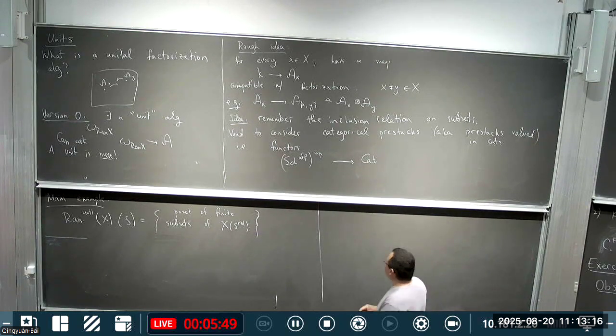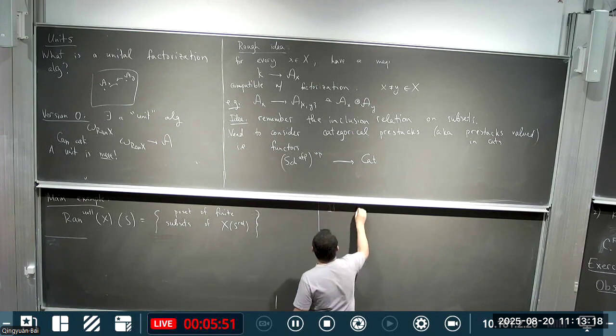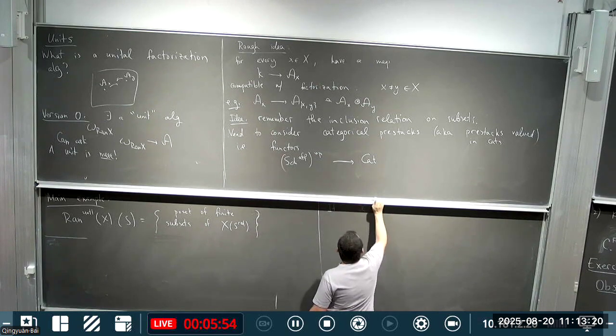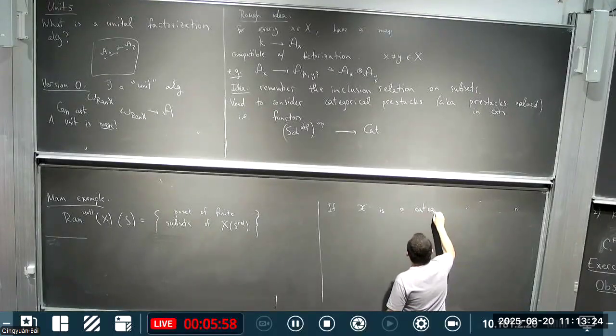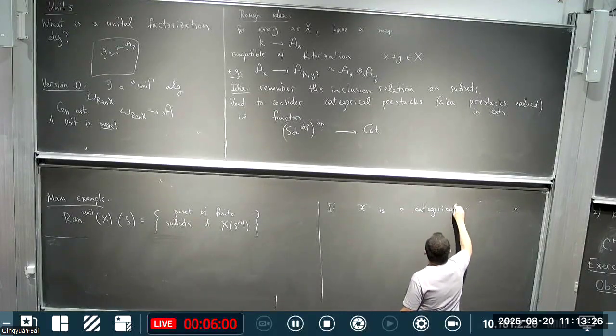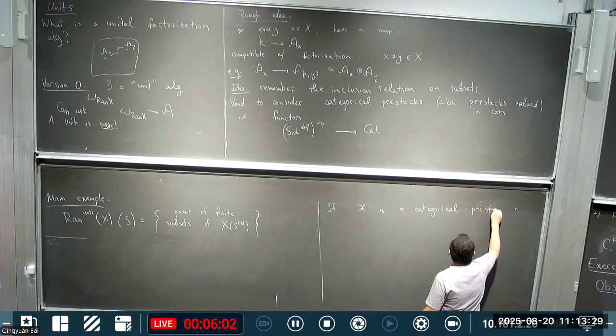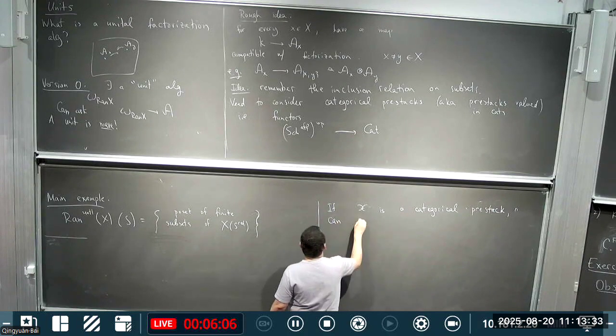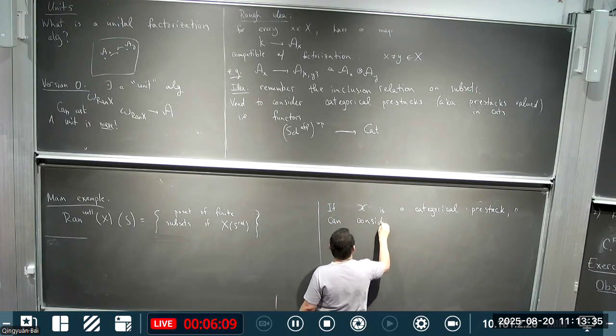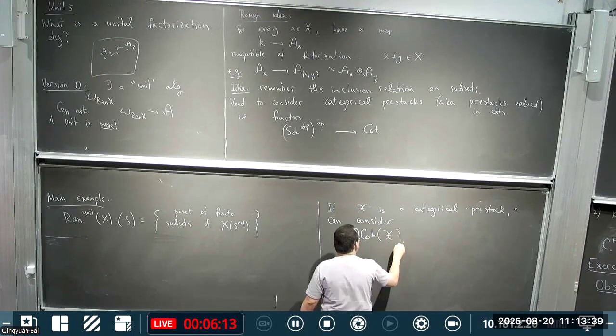Something that's not surprising: if X is a categorical pre-stack, we'll consider all our favorite kinds of sheaves.